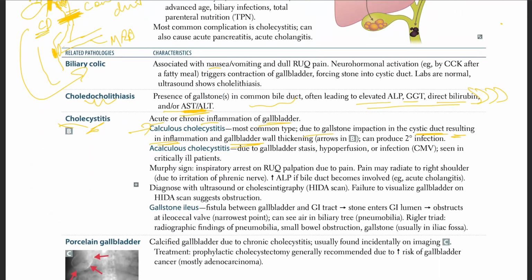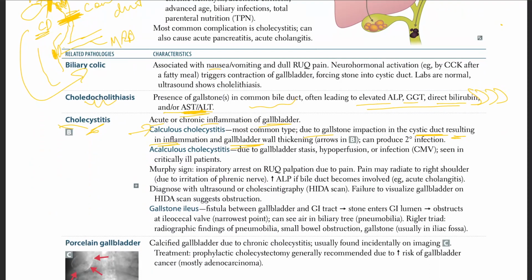Looking at the arrows in B, well, you can't see an image here, but there's a thickening of the wall of the gallbladder. This can produce secondary infection.